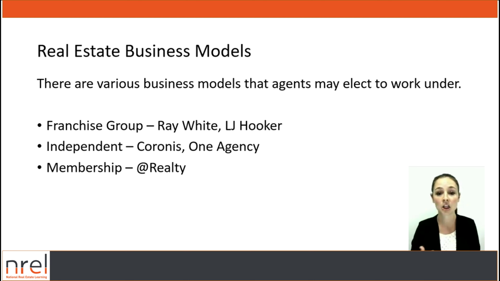However, in a lot of cases, the franchise organisation, the licensee in charge of the office, will take off the franchise fees before the commissions are paid to the salespeople. So you may actually get less commission working in a franchise organisation as opposed to an independent agency. It really just depends on the setup of the office. So these are things that you'll have to work out, the cost benefit of working under these different types of structures.